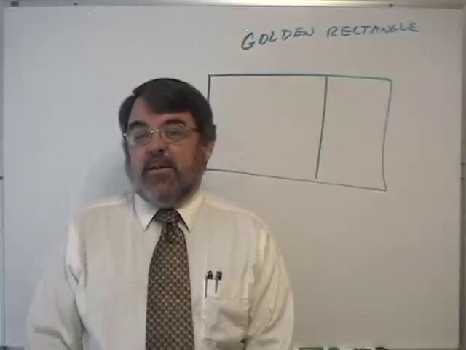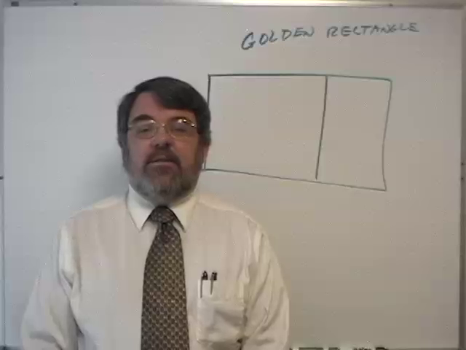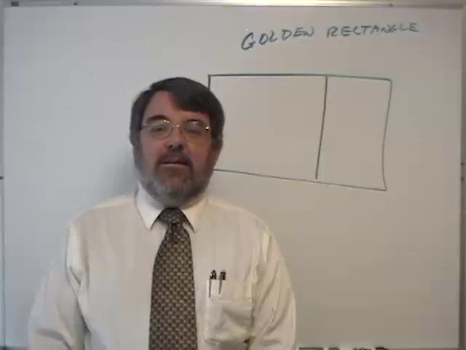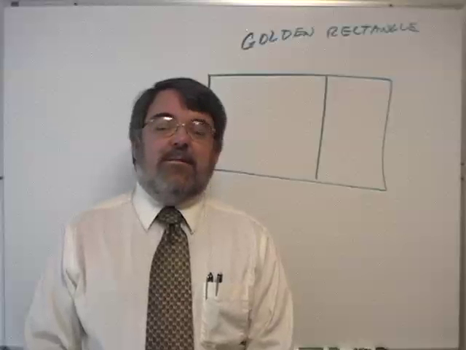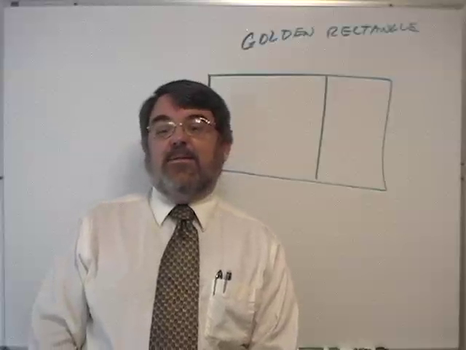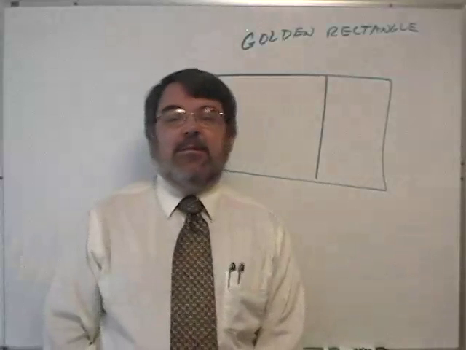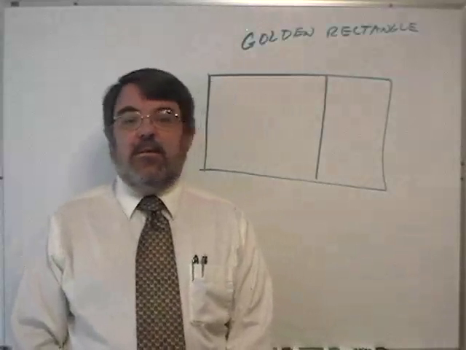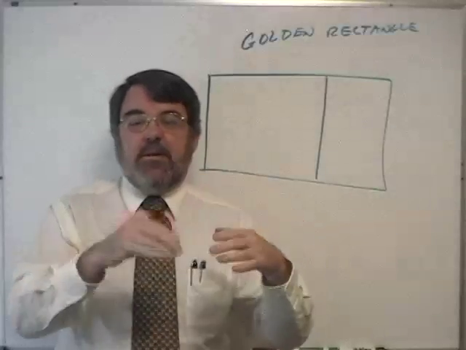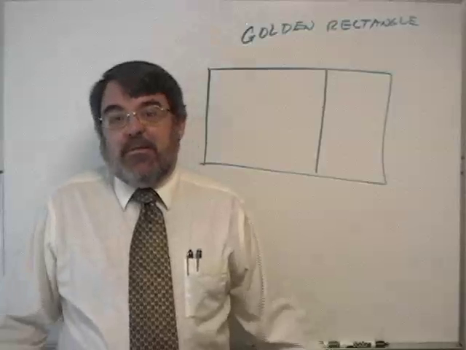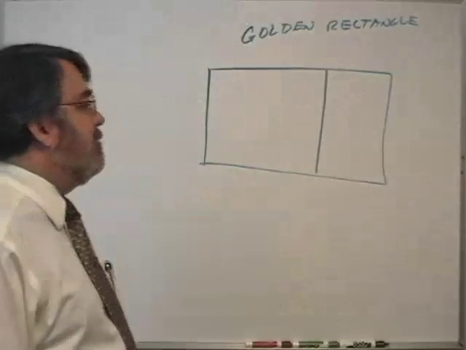Even into the 20th century, an artist named Piet Mondrian made a good living drawing rectangles and coloring them in. Sometimes in these paintings he used golden rectangles. His art is very distinctive: a bunch of lines crisscrossing in a grid, with the boxes colored in, and that is considered modern art.